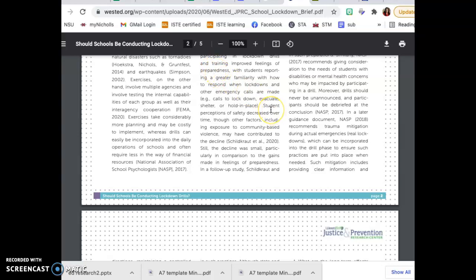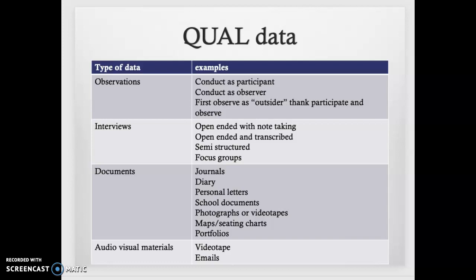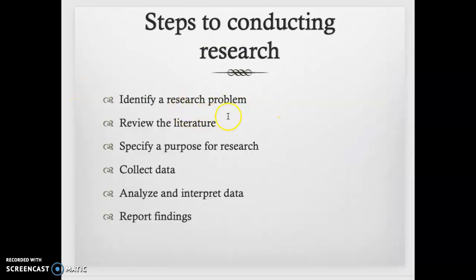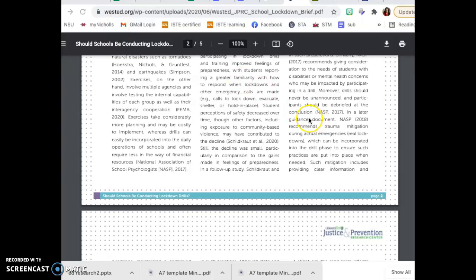And then secondly, it doesn't follow that pattern that we talked about of what a research article does. So we're talking about identifying a problem, review the literature, have a purpose, data, interpret the data, report findings. It doesn't really do that here.